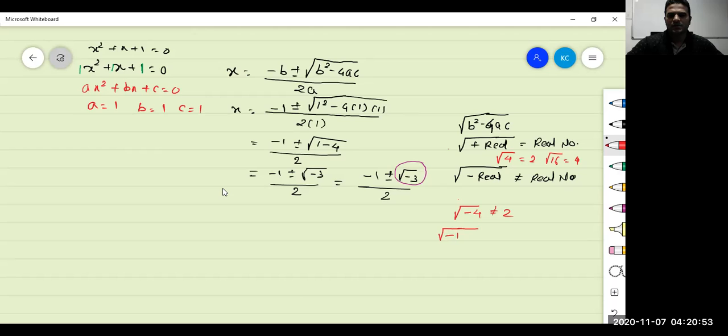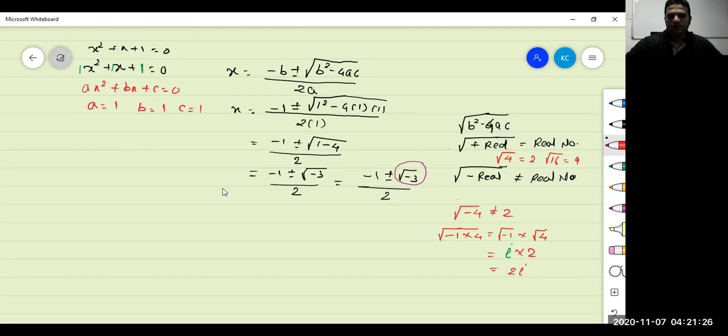Root of minus 1 into root of 4. Root of minus 1 is called the imaginary iota. Root of minus 1 is nothing but the iota. And root of 4 we know already is 2. So whatever number we got, that is 2i, right?